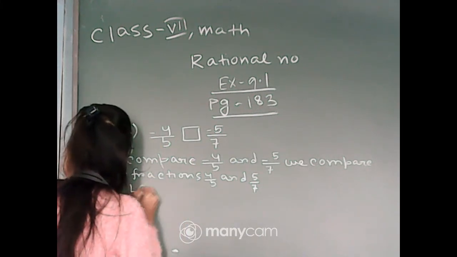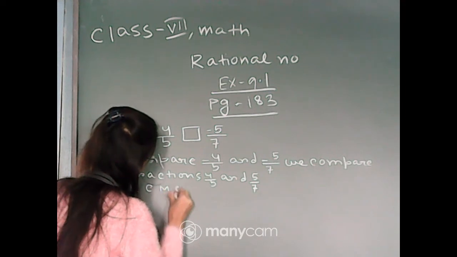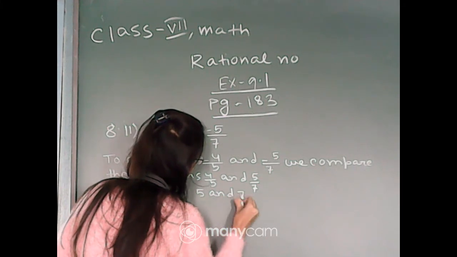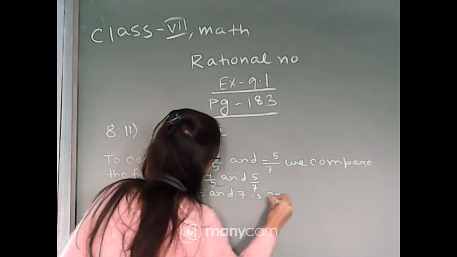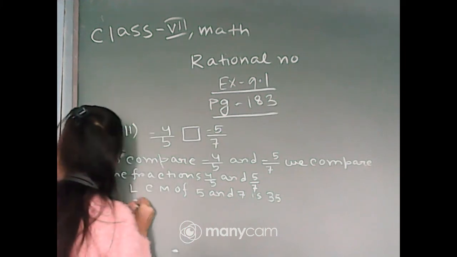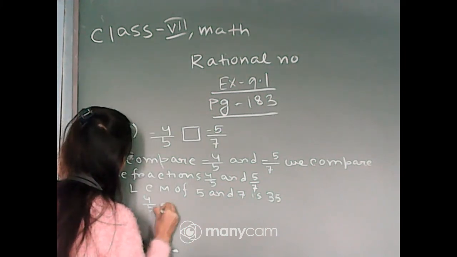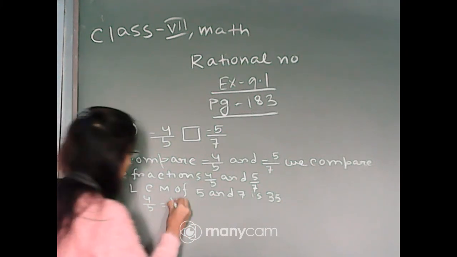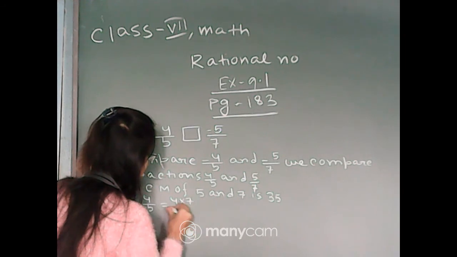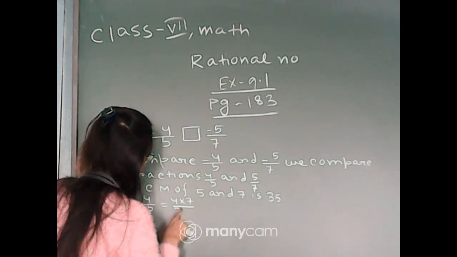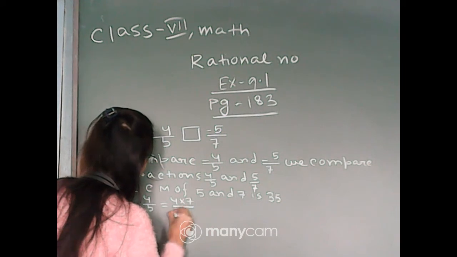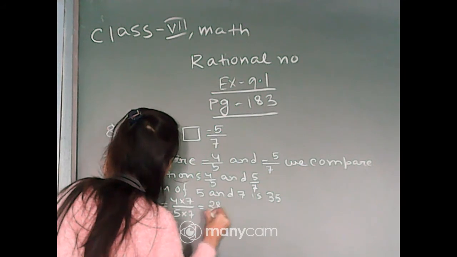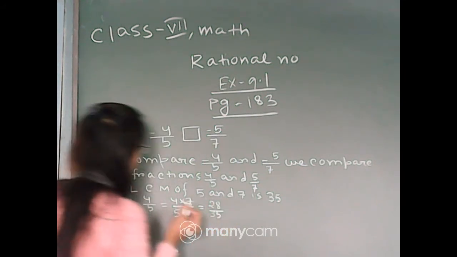Now, LCM of 5 and 7 is 35. Therefore, to make the denominator 35, we multiply both the numerator and the denominator of this fraction by 7, and we get 28 divided by 35.